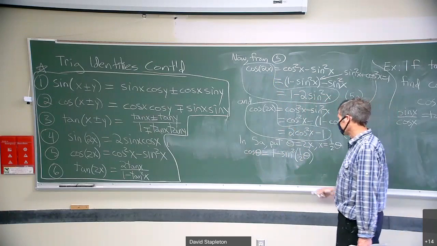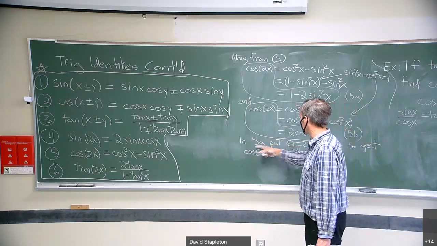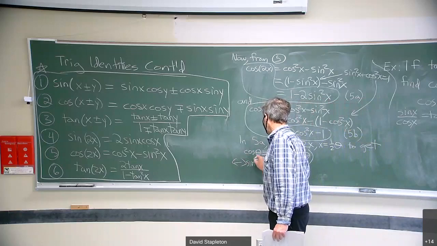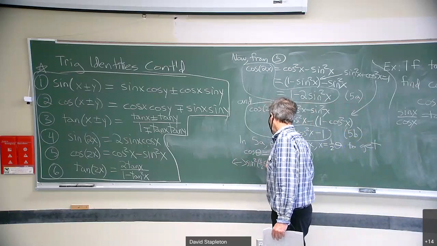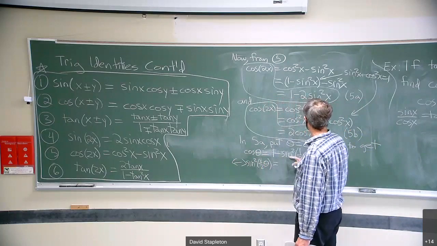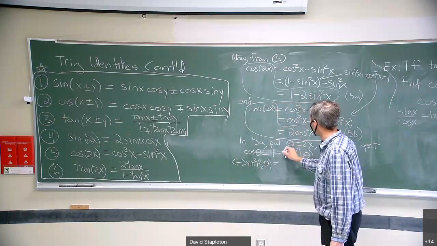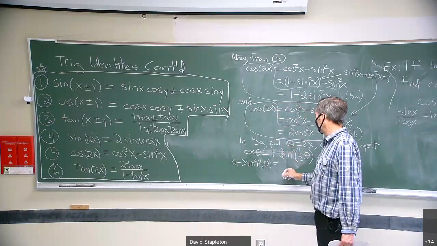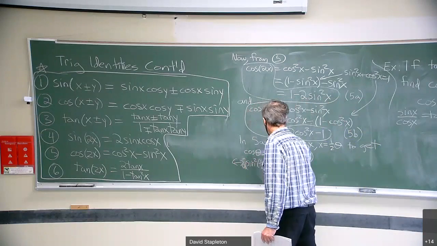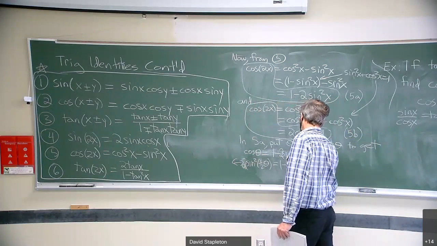I can add the sine squared term over here and subtract cosine over here. Oh, I'm sorry, I forgot the 2. It should have been 2 sine squared 1/2 theta is 1 minus cosine theta.